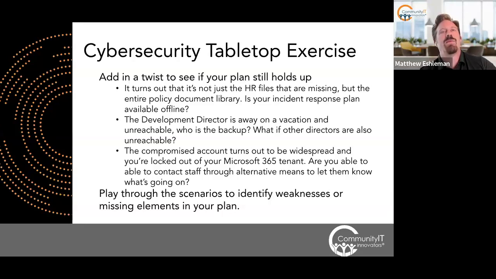Oftentimes, initial scenarios are probably things that you've thought about before, that probably have a clear next step that you've also already thought about. And so adding in a little bit of a twist or additional bump in the road can help jar some of those static assumptions aside and give you maybe a new perspective on how you'd respond, especially if you were the person that wrote the incident response plan and you were thinking about things in one way.